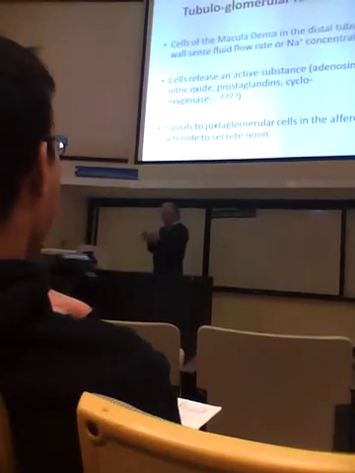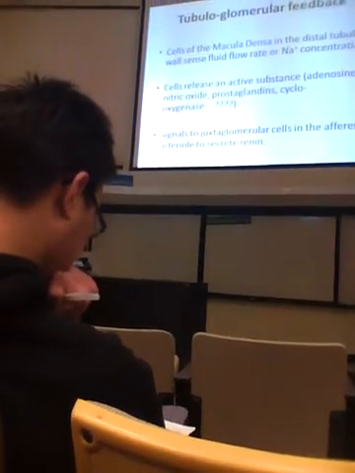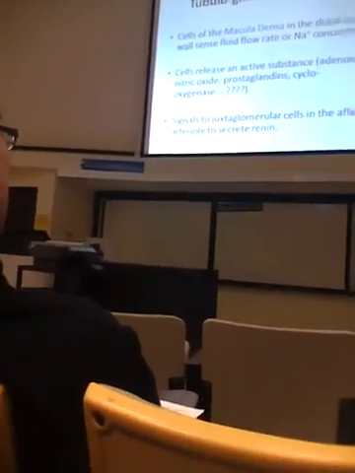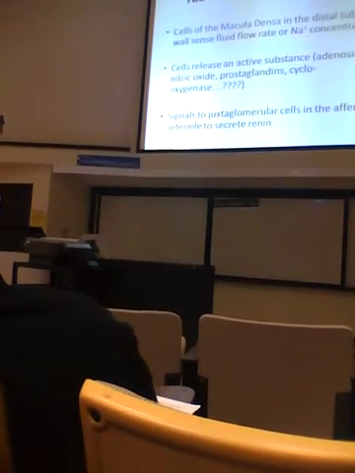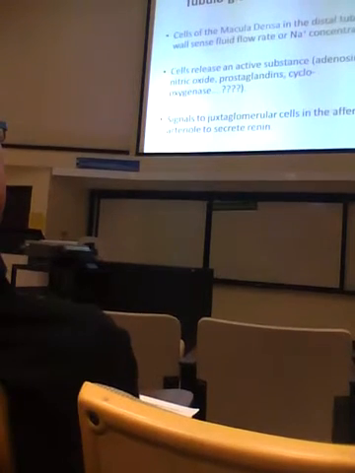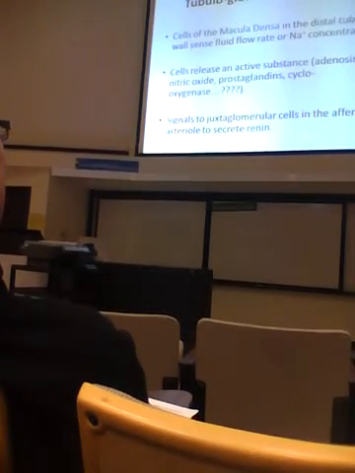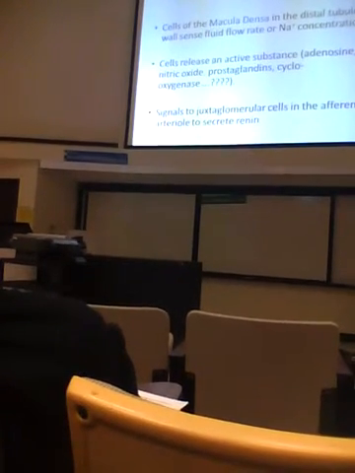So that's what this says. Cells of the macula densa in the distal tubule can sense apparently the flow rate and the sodium chloride concentration, and they release an active substance. Don't know what it is. Bit of a black box, this. And there are a number of different possibilities. You can look it up and see what the evidence is for these things. But whatever it is, it signals to the juxtaglomerular cells in the afferent arteriole to secrete renin.